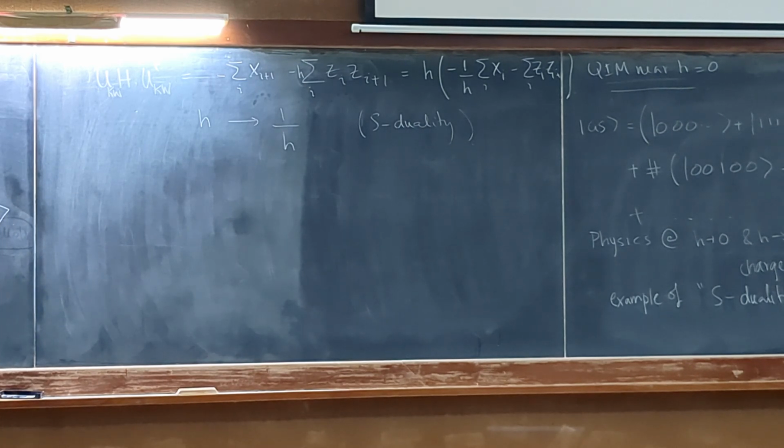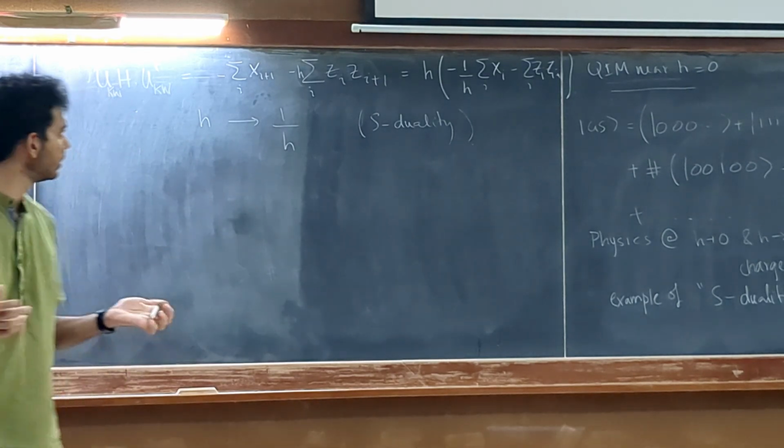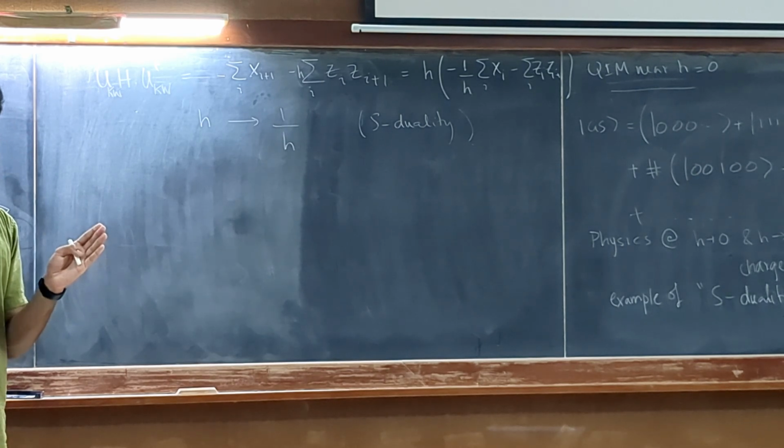I had a pop quiz here, but in the interest of time, I will just give it as homework. Maybe it's immediately obvious to you, but recall that h goes to minus h, these two theories have the same spectrum. Which also means that the theory at h equal to 0 has the same spectrum as the theory at h equal to infinity.